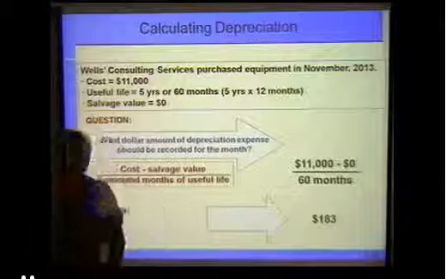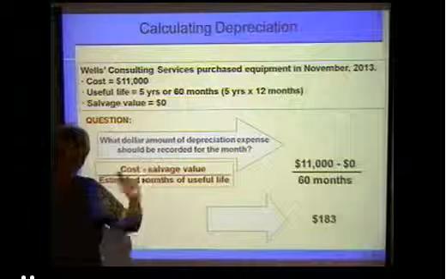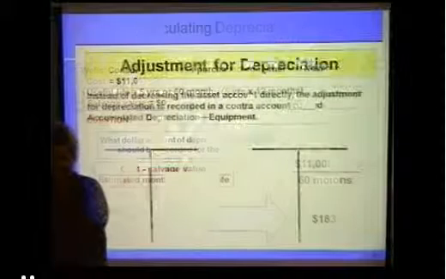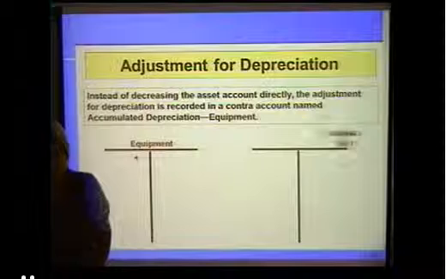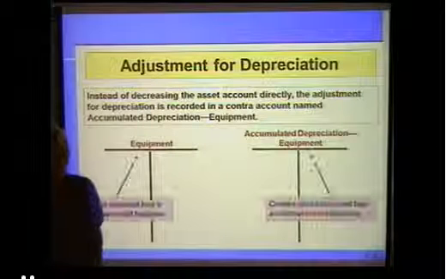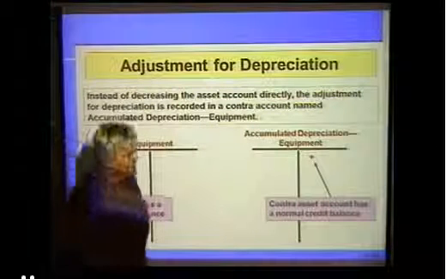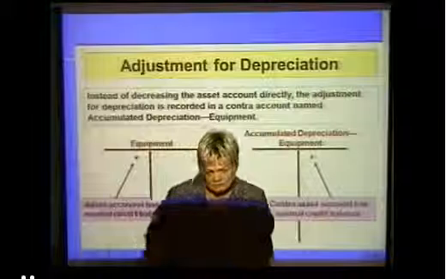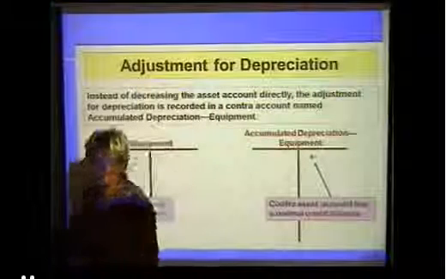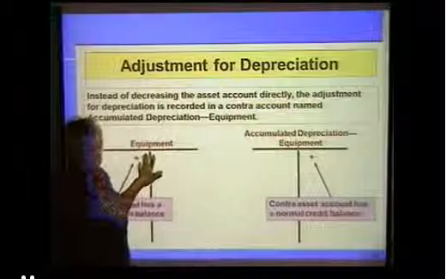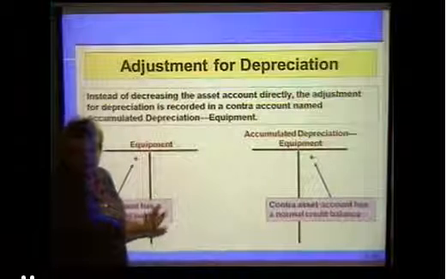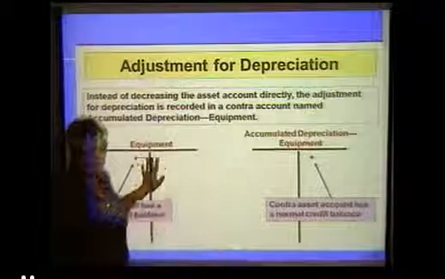So our adjustment for depreciation is recorded with a debit and a credit. Now, our asset account has a debit balance, right? The very important thing to note is that we never changed anything in our asset account balance. It never gets touched. When you bought it, you debited that equipment and that's it.